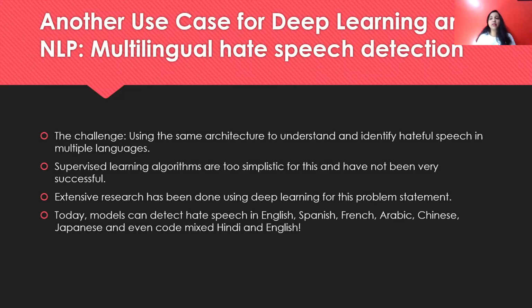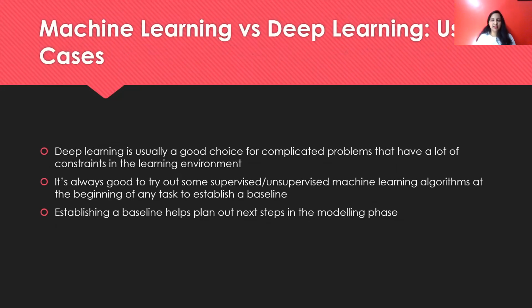We want computers to be able to interface with us in all possible languages. So this is a very interesting subfield within the hate speech detection domain. And I hope I was able to explain why deep learning is necessary in the hate speech detection community despite the performance of machine learning classifiers.